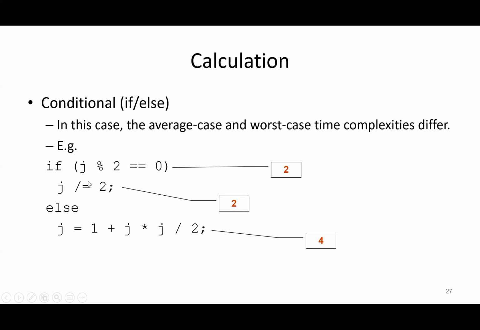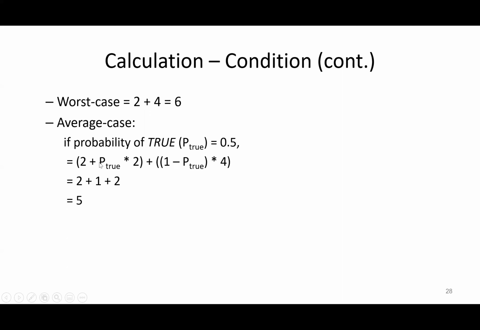This 2 comes from the statement for the true case. And the 4 is for the false statement. So that's 2 plus p true multiplied by 2, then 1 minus p true, which is 0.5 as well, multiplied by 4. Then you get around 5. This is one way we can calculate the if else conditional statement.